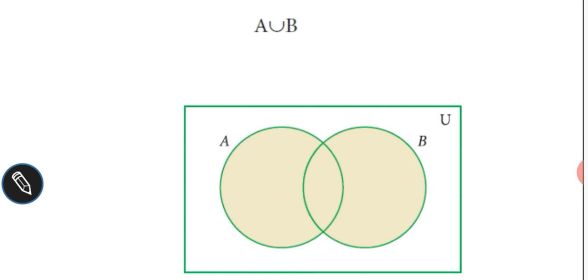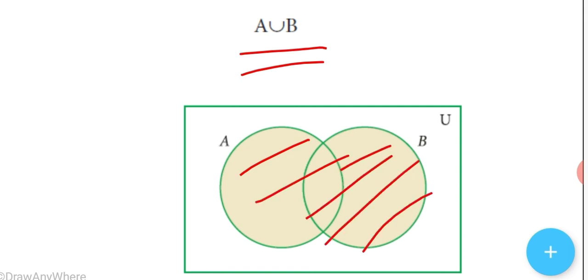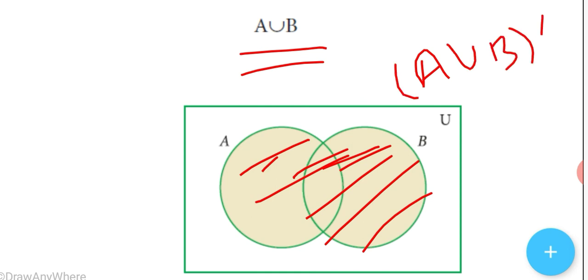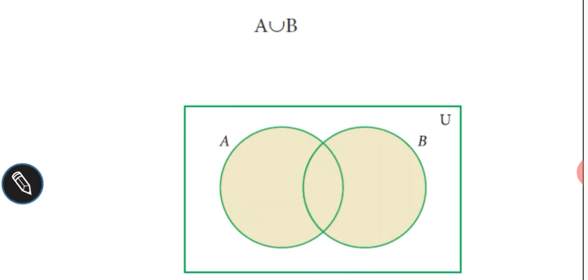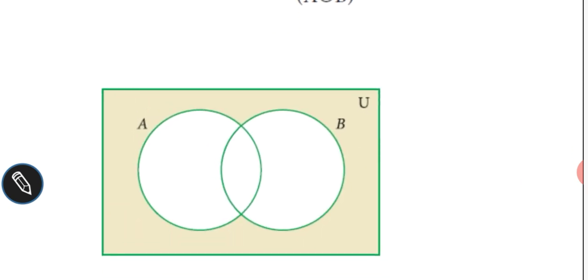But we need to find A union B the whole bar, so we now unshade the shaded region which was done for A union B, and shade the unshaded region. So A union B the whole bar is equal to like this.